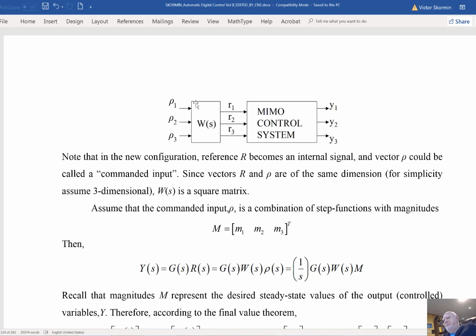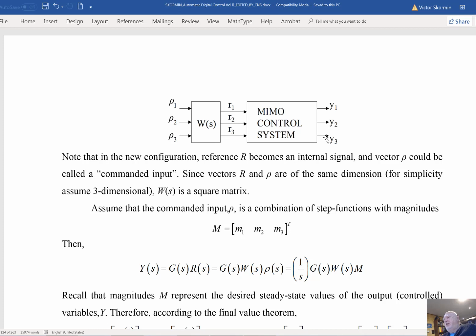What will happen? If you apply a unit step at ρ1, this unit step will be converted into the set of increments. The set of increments R1, R2, and R3 will affect Y1 and Y2 and Y3 simultaneously.